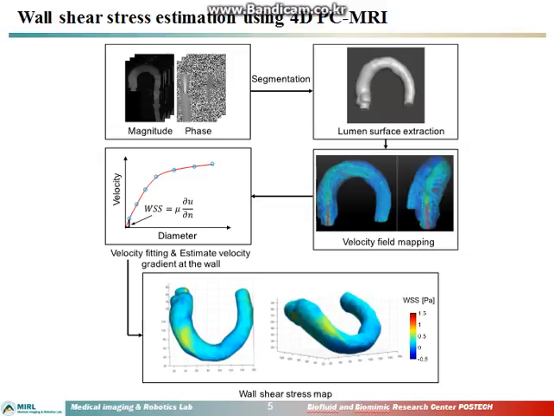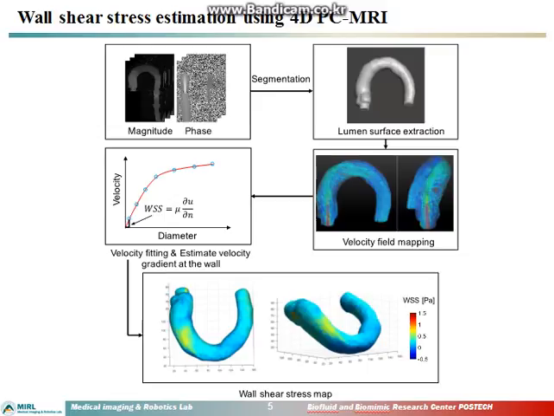Then the velocity near the wall along the normal vector is obtained by interpolating the neighboring velocity data, and the velocity gradient at the wall is calculated on the vessel lumen using the spline interpolation model, which provides the analytical derivative of the flow velocity.